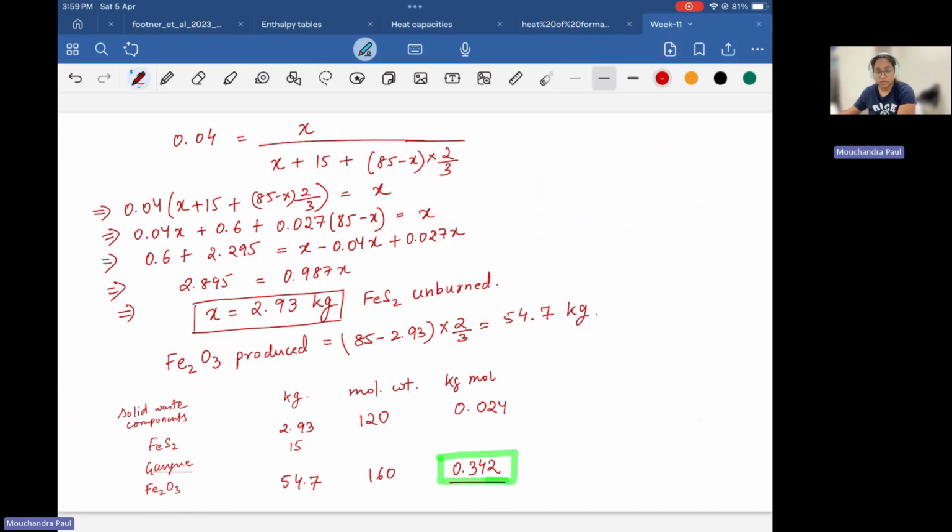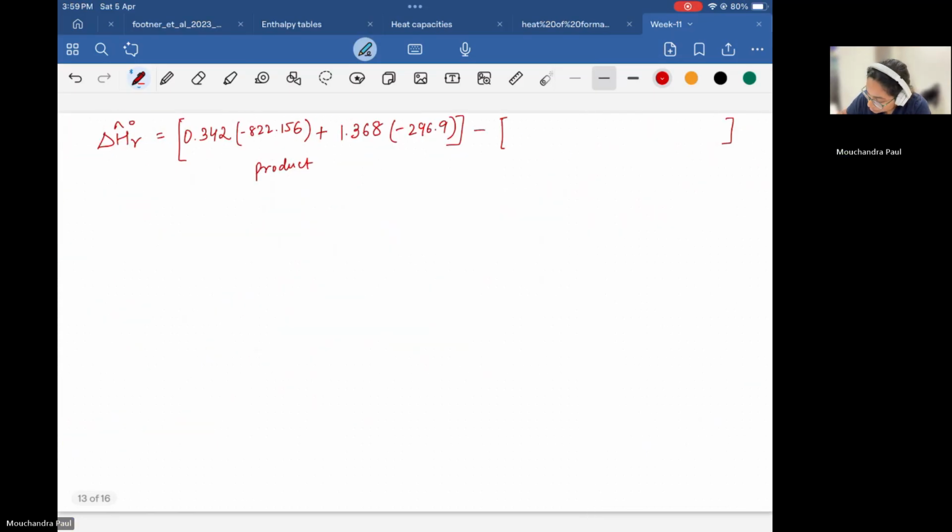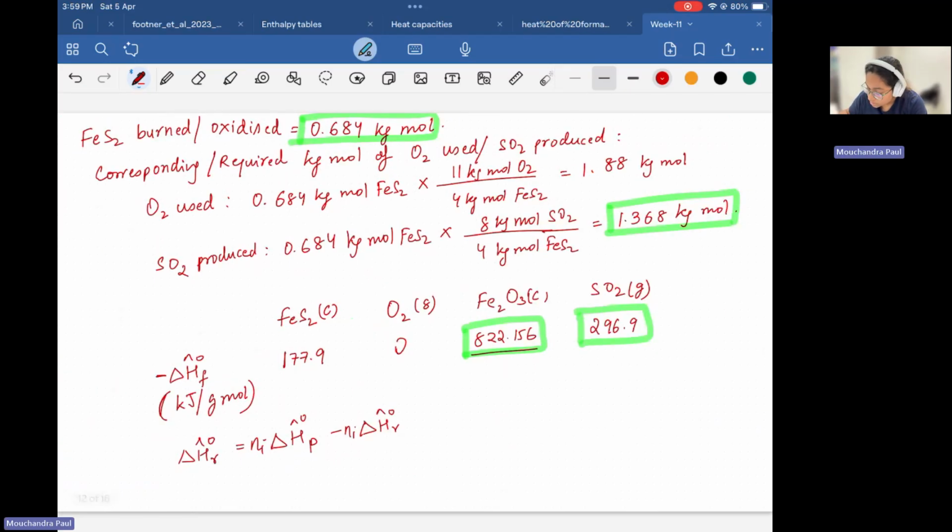But for the calculation of heat of reaction, we will use the number of moles of FeS2 that has actually burned, that is oxidized. This value is 0.684. And for oxygen, the number of moles used for this reaction is 1.88.